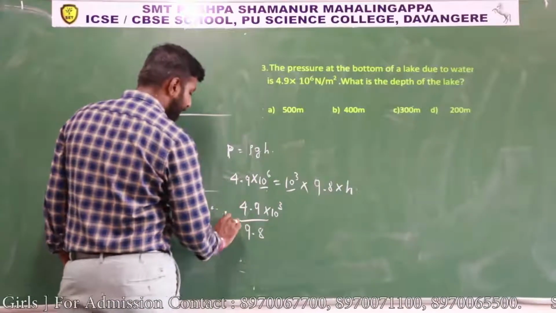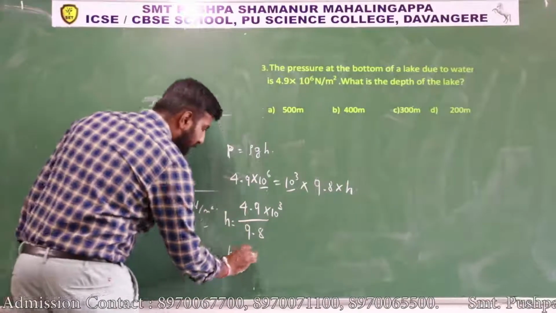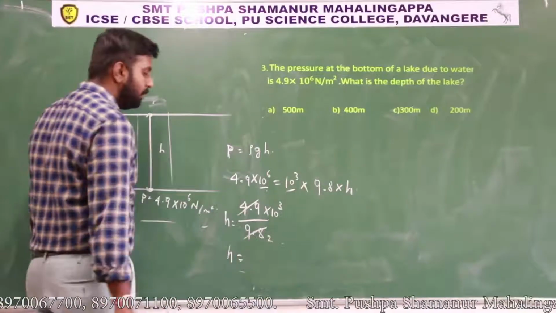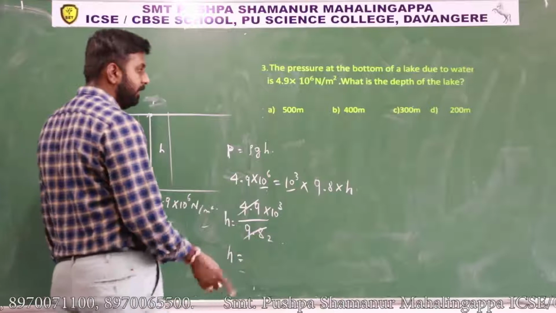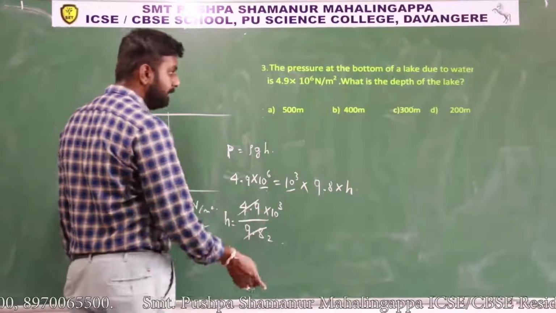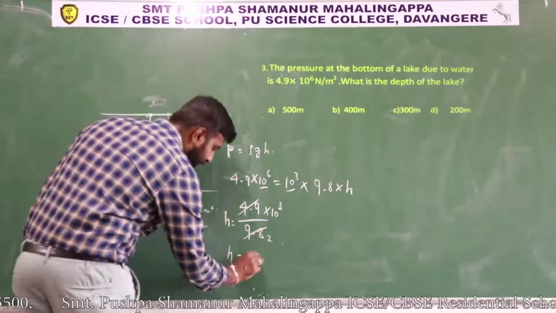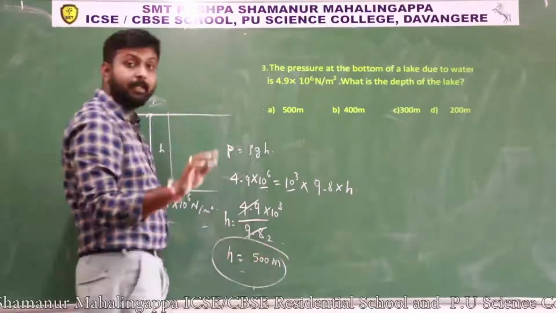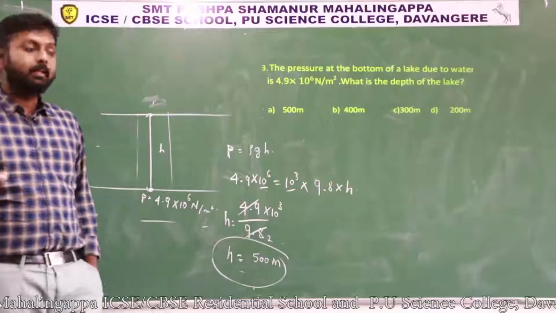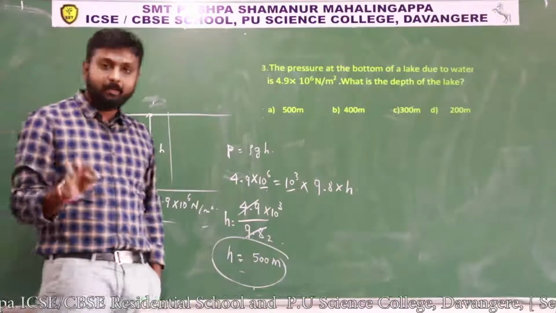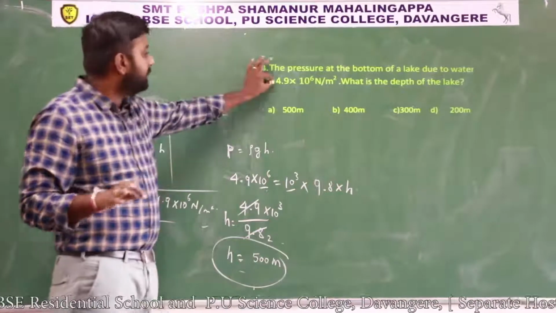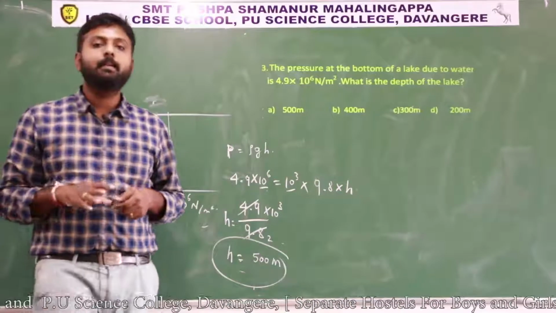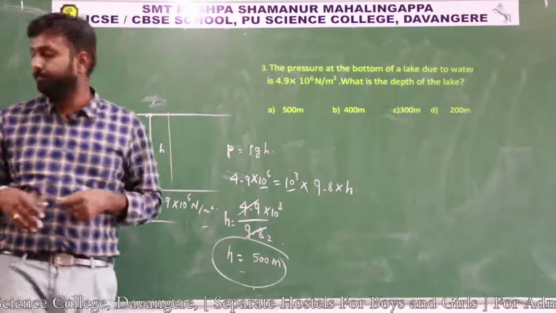This is the value of h. Then h equals 1 by 2, which means 0.5. 0.5 × 10^3 means you will get 500 meters. The depth of the lake is 500 meter. At that depth, the pressure is 4.9 × 10^6 Newton per meter square.